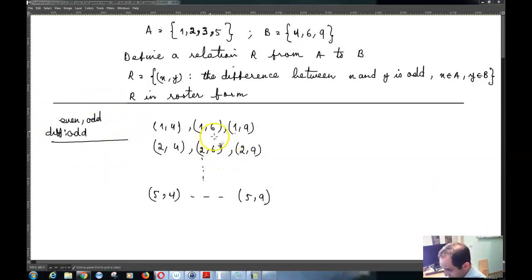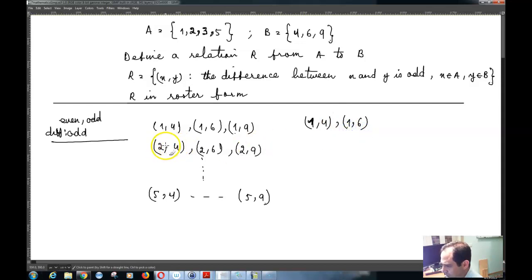So what that means is that from all of these sets, I can take, for example, 1 and 4, 1 and 6, and 1 and 9 I cannot take, because 9 is an odd number and 1 is already an odd number. So I can take 1 comma 4, 1 comma 6.